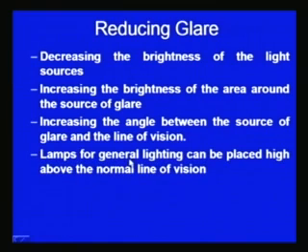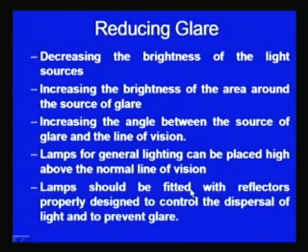The lamps for general lighting can be placed high above the normal line of vision to reduce the glare, and the lamp should be properly fitted with reflectors designed to control the dispersal of the light and to prevent the glare. So, these are the other things which can be applied in order to reduce the adverse effect of the glare.